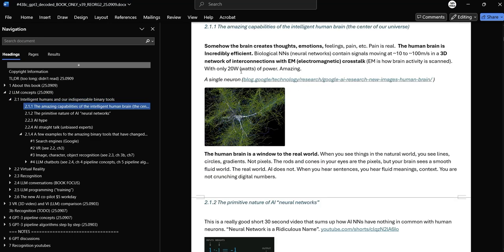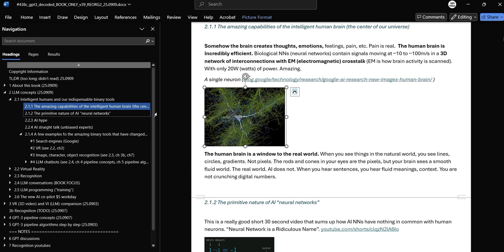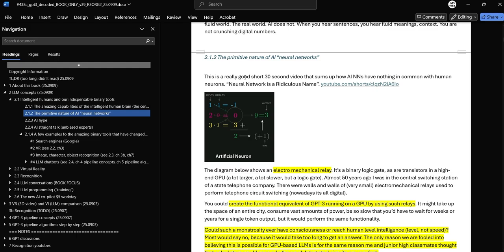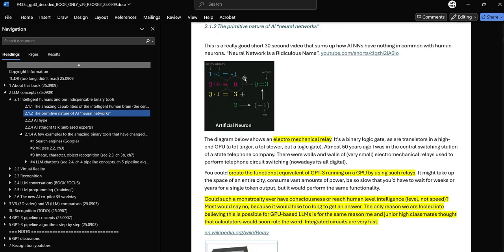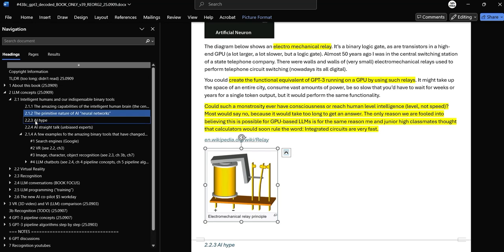So this talks about the amazing capabilities of the intelligent human brain. The AI gurus seem to have no appreciation of this whatsoever. They seem to be more impressed by GPUs than the human brain. And the very primitive nature of neural networks. They're like mechanical relays, basically, only a lot smaller and quicker.